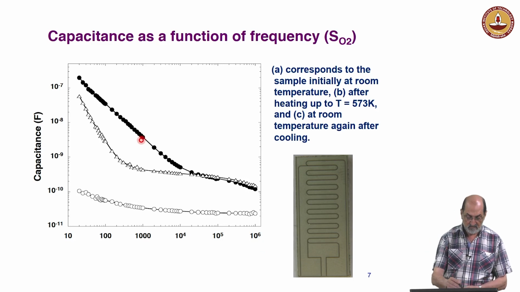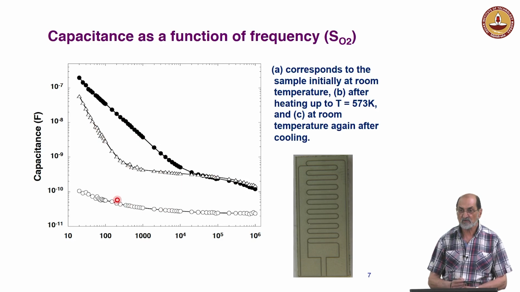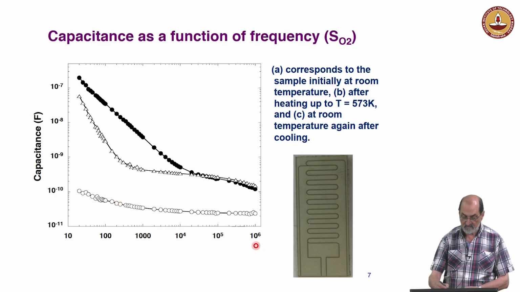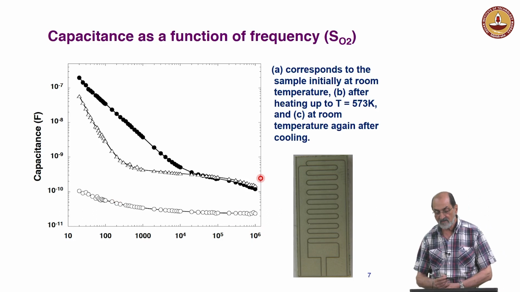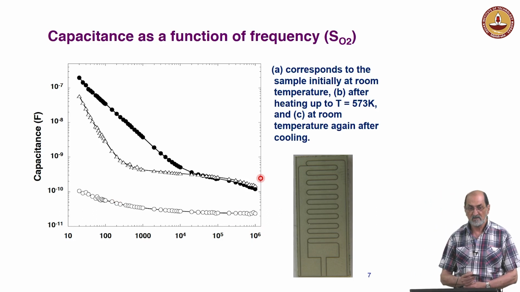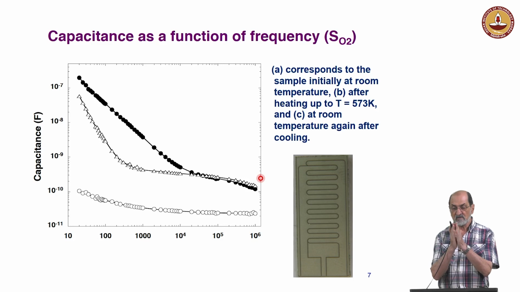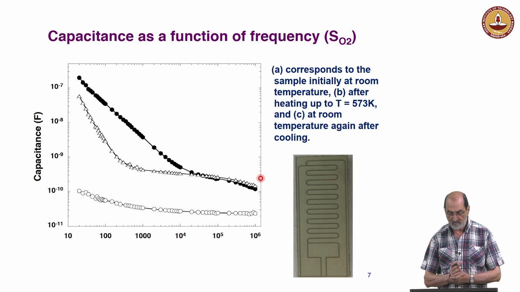Essentially, all these shapes are very complicated, because the sample is full of traps, and it is going to show a very high capacitance. But people agree that at frequencies on the order of 1 megahertz, the capacitance is due only to the interfaces, to the Schottky barriers.